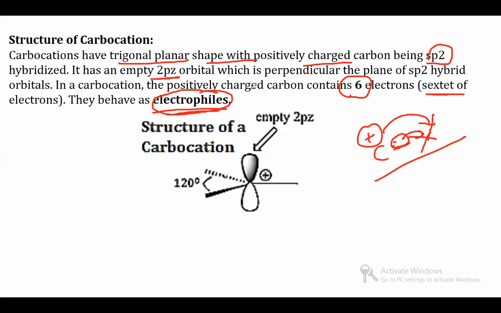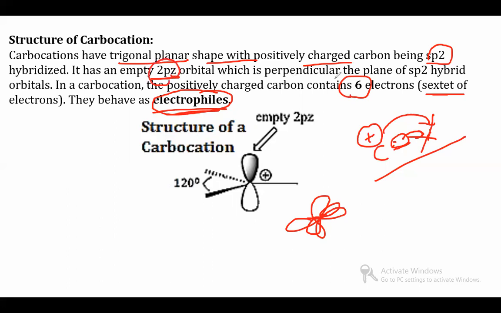Because it is electron deficient, out of px, py and pz, the px and py are involved in hybridization, and one electron is removed. All the lobes are perpendicular to each other: px, py and pz, in any orbital set, are all perpendicular.